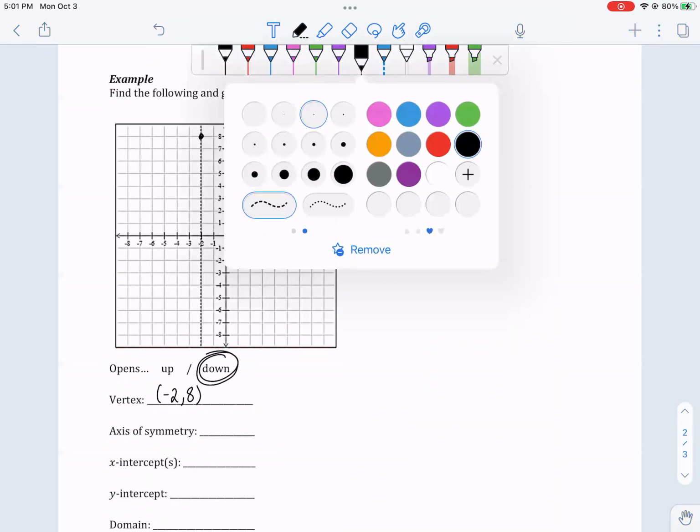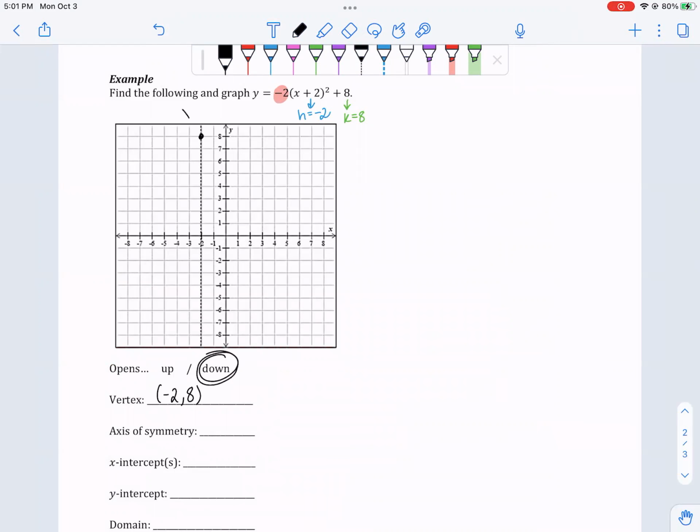It'll always be a vertical line. The equation is x equals the x value of the vertex, which is negative 2. So the axis of symmetry is x equals negative 2. This is the x coordinate.